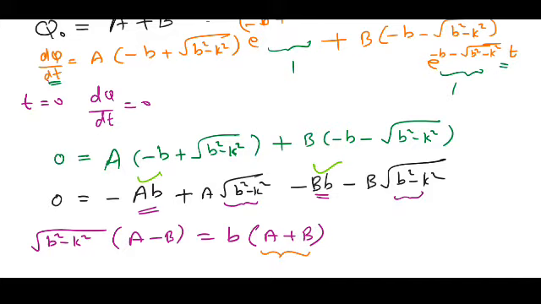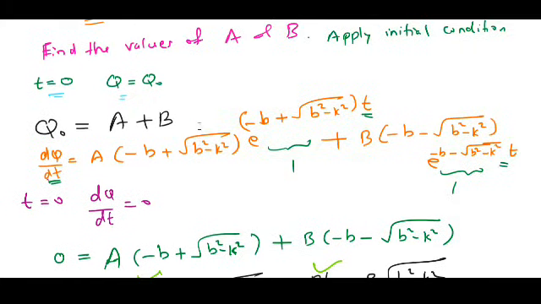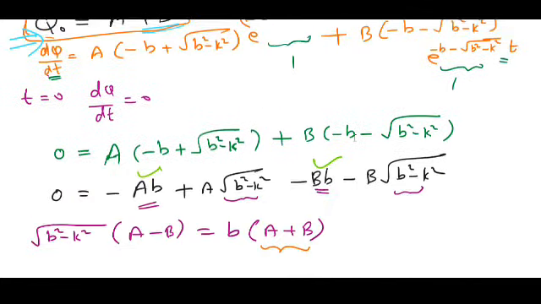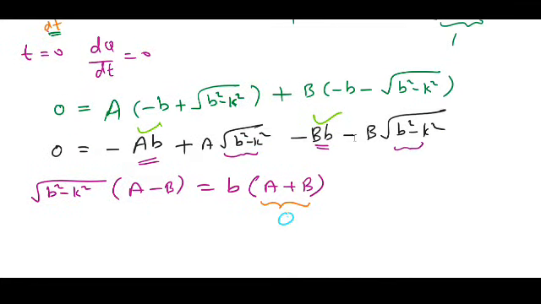This A plus B, if you go back to that equation, Q0 is equal to A plus B, therefore I can write A plus B is equal to Q0.